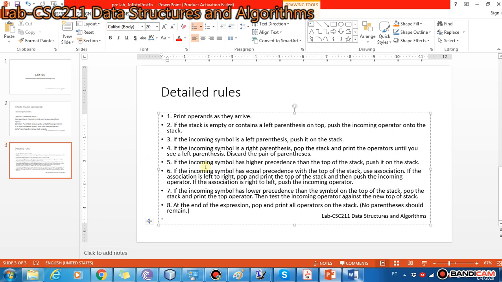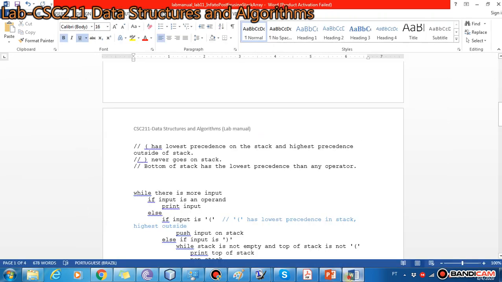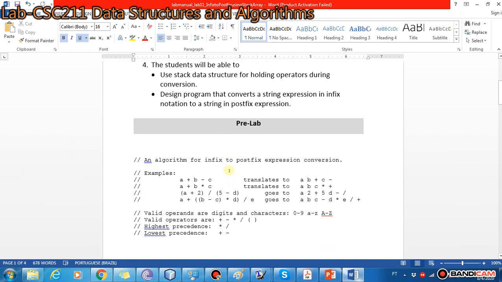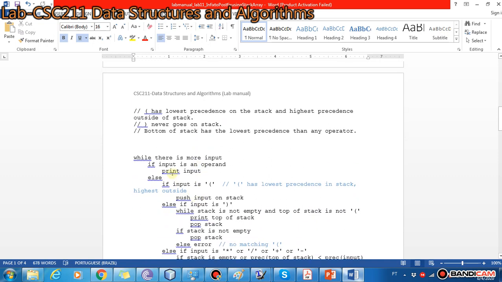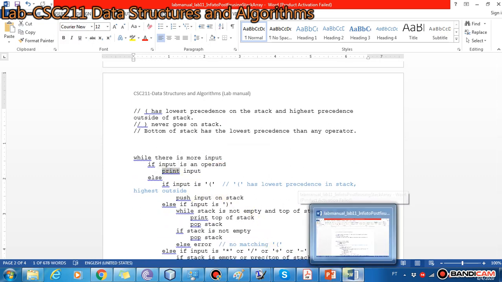So the rules say: print operands as they arrive. One thing is that printing here would suggest, as in your lab sheet where the algorithm is also mentioned, like here, print inputs.